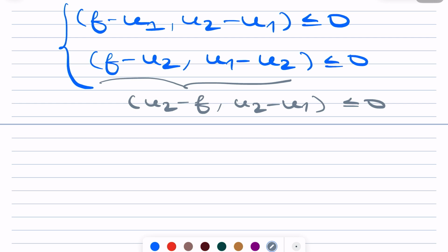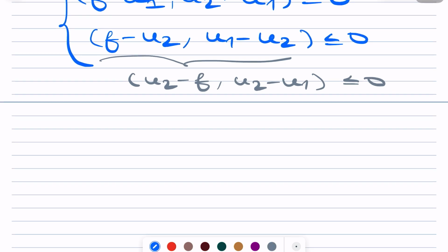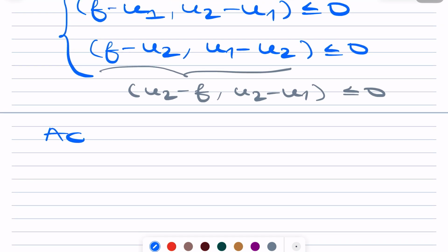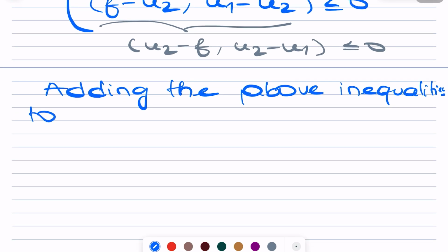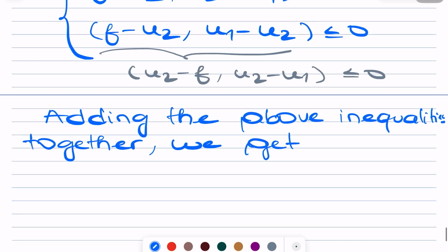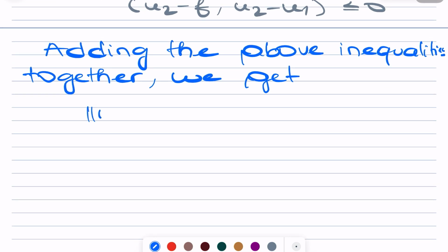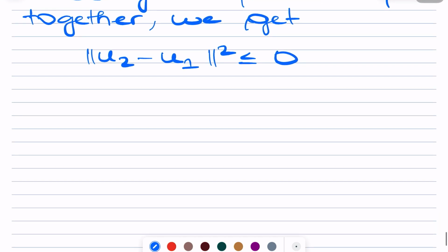So if you add the above inequalities together, if you add both, then you get that the norm of u2 minus u1 squared is less or equal than 0, and consequently u1 and u2 coincide, hence uniqueness.